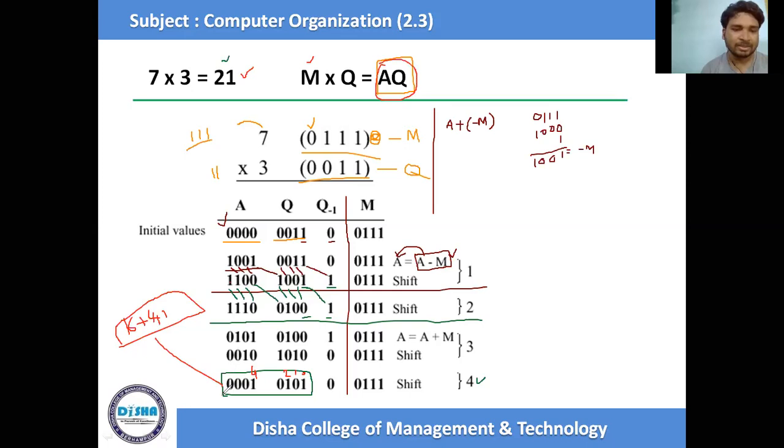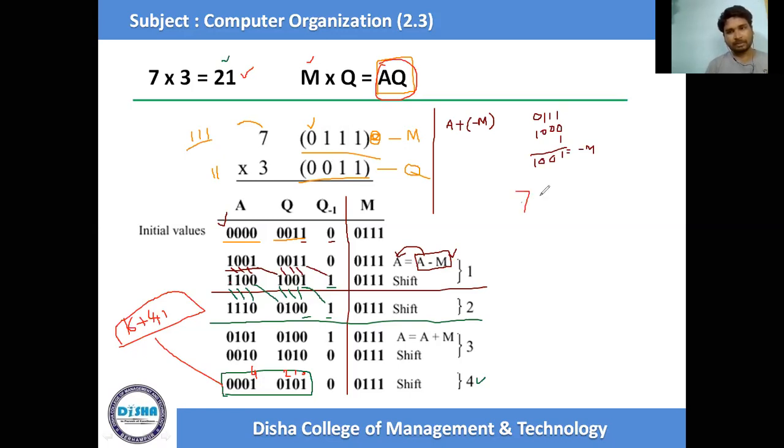The result is the combination of both. Don't consider Q alone as the result; both A and Q are the result. You have to concatenate these two 4-bit strings into a single one, and whatever value comes, that is the final result.